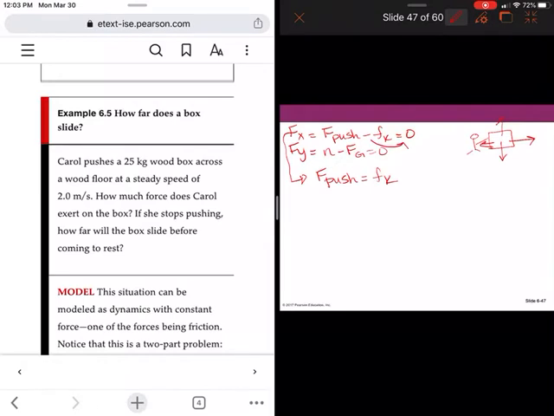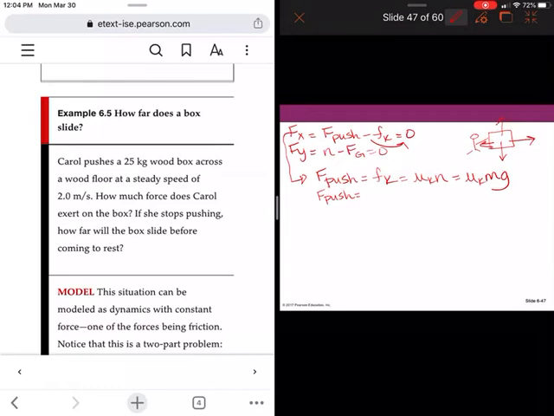And if you look at your equations for kinetic friction, it is that coefficient for kinetic friction times normal, which is the kinetic coefficient times mass times gravity. Okay, so now we have to just look back and figure out what the kinetic friction coefficient is.